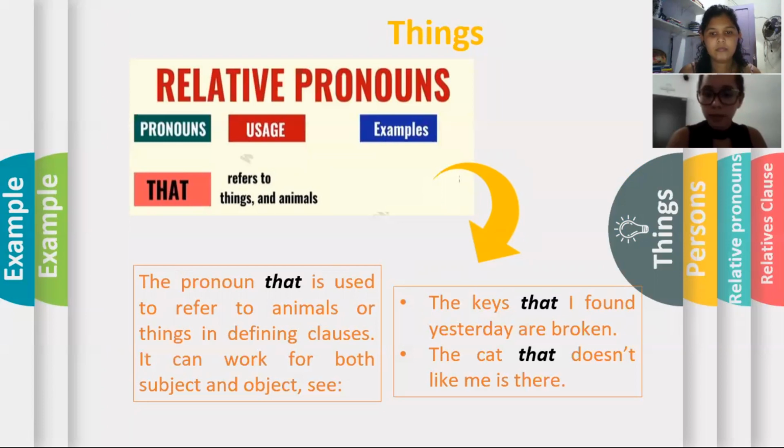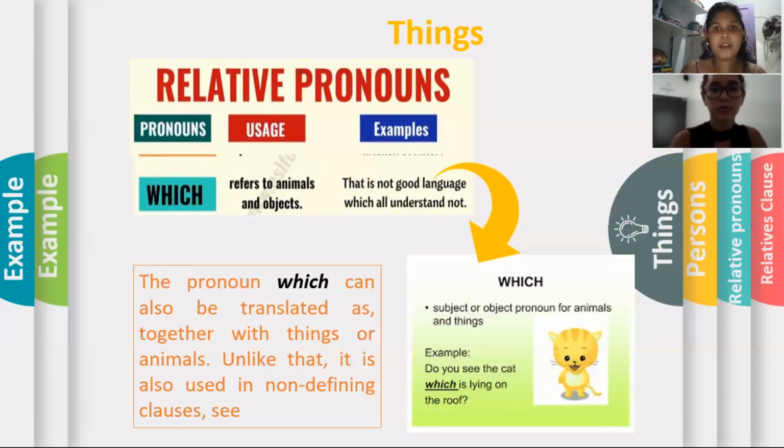The cat that doesn't like me is there. The pronoun which also refers to an animal or object. Unlike that, it is also used in defining clauses. For example, do you see the cat which is living on the roof?